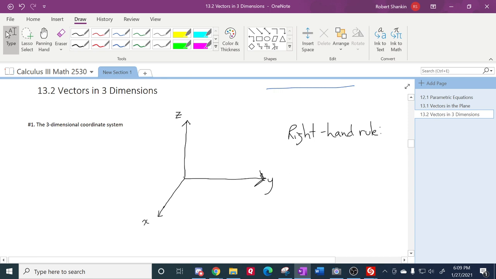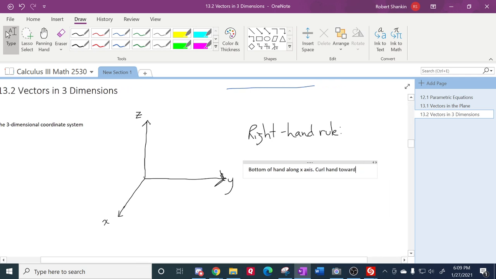So: bottom of hand along the x-axis, curl hand toward the y-axis.